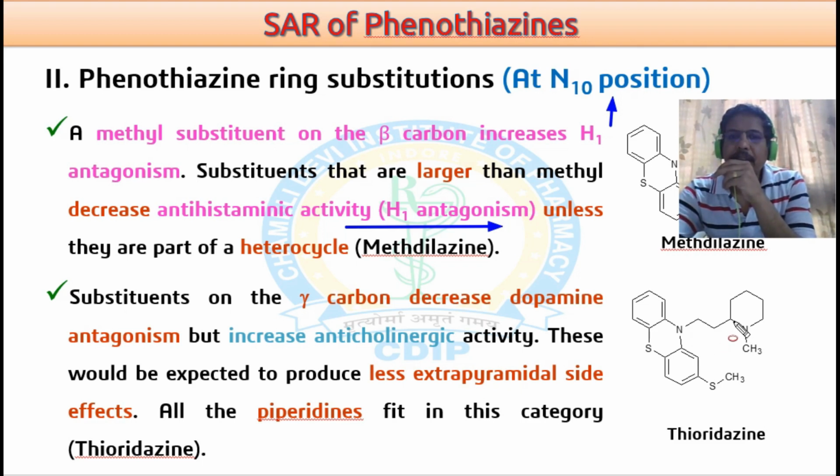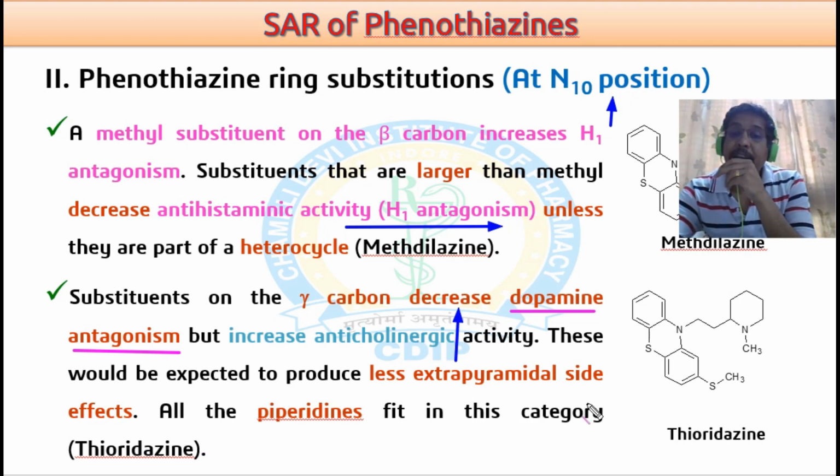Substitutions on the gamma carbon decrease dopamine antagonism, but increase the anticholinergic activity, and would also be expected to produce less extrapyramidal side effects.